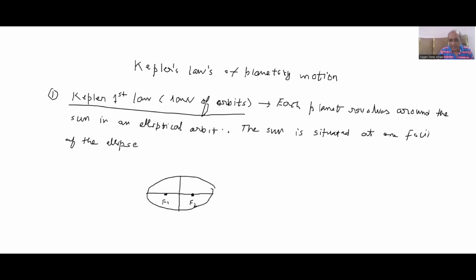We have major axis and minor axis, and the sun is suppose located here at one of the foci. So this is our sun, right? So this is our major axis, and the shorter one is our minor axis.